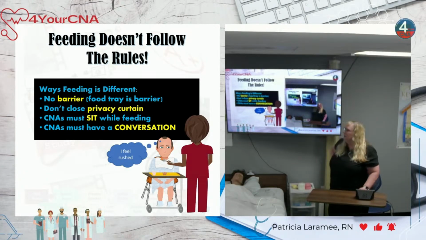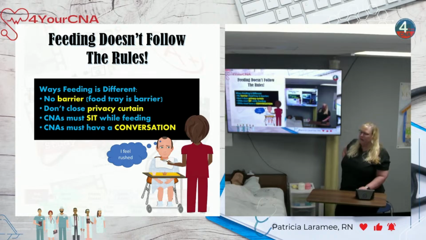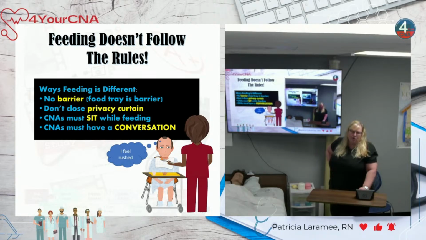This skill doesn't require a barrier, because our food tray is our barrier. So we don't need a chux or anything else. This skill's a little different because we don't close the privacy curtain. Eating is a social event. People gather in groups to eat. You usually have conversations during meals. Think of all the major events in your life.